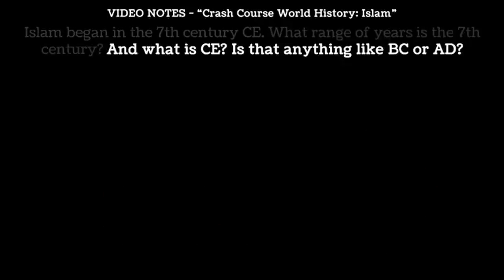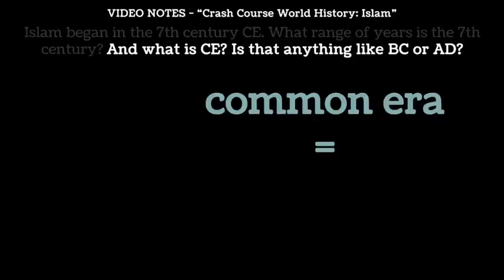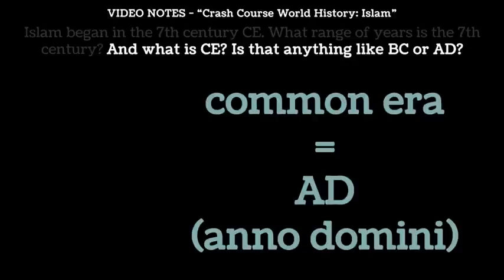The next part of the question says, so what is CE, and is that anything like BC or AD? Well, CE stands for Common Era, and Common Era is the method that historians today use to describe the years that happen after the birth of Jesus. Common Era is actually the same as AD, Anno Domini.